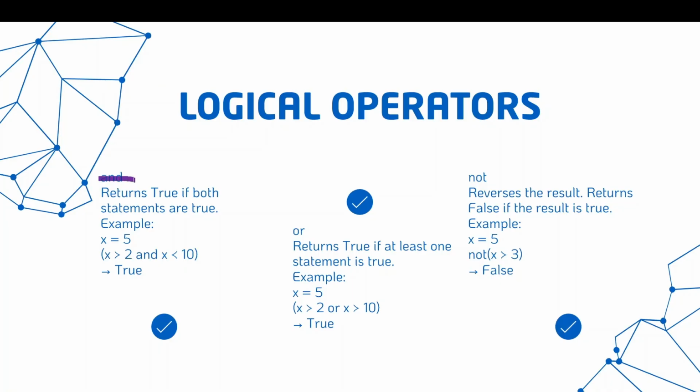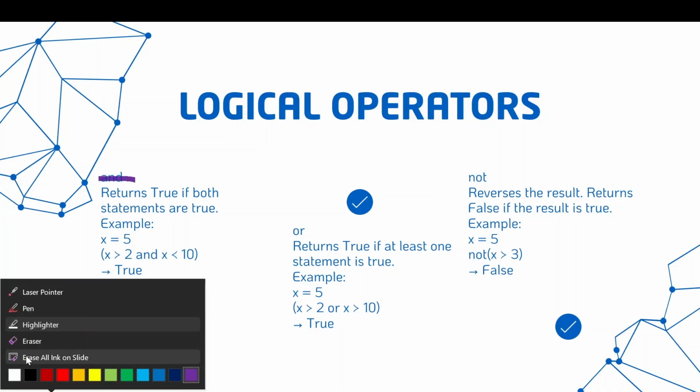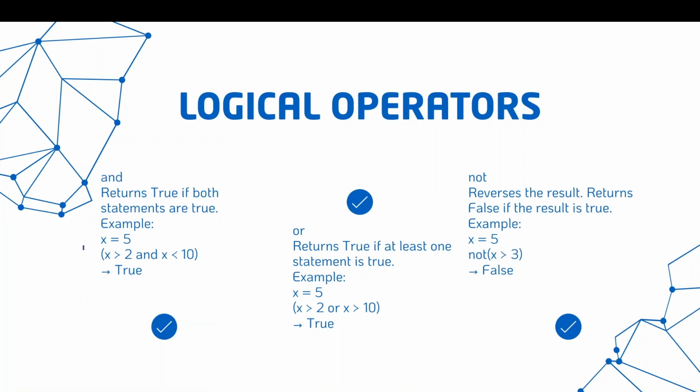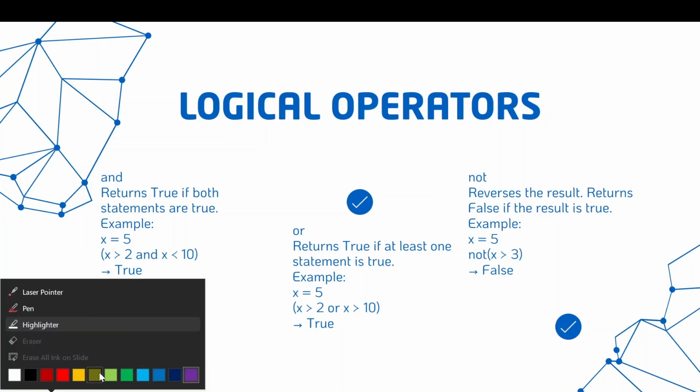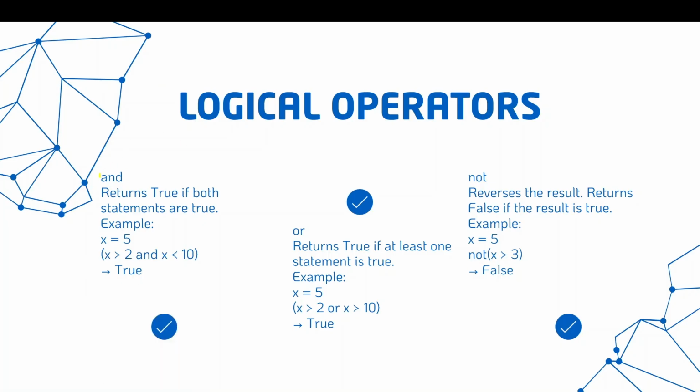As you can see, we are going to use the AND operator, and here it is written that it returns true if both statements are true. What is going to happen?